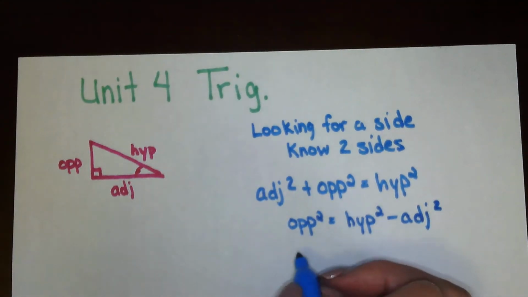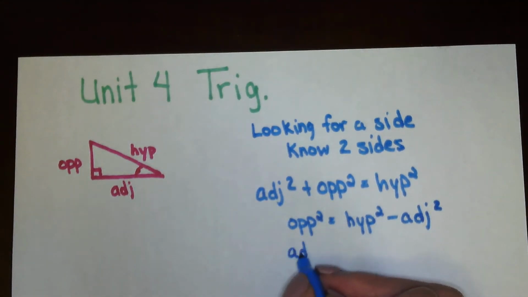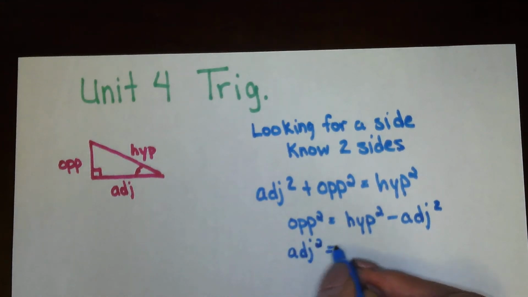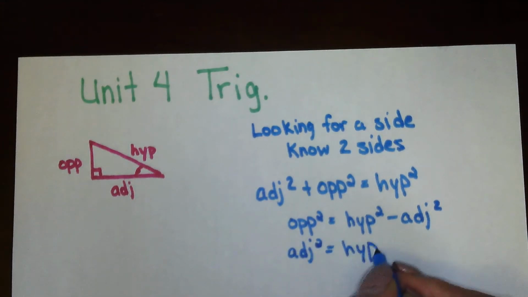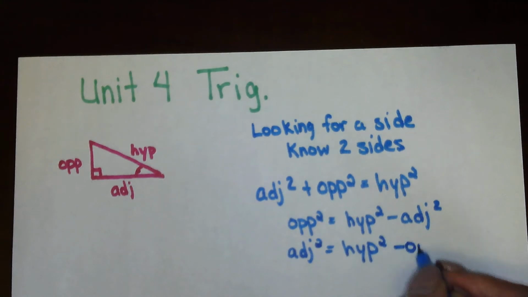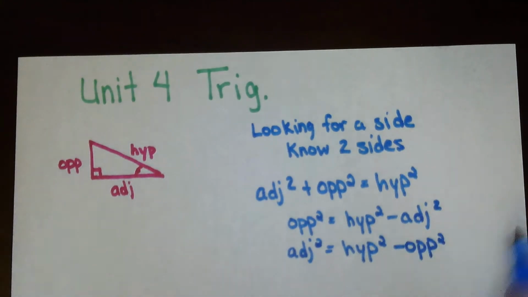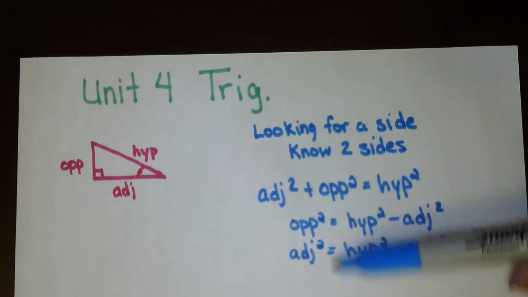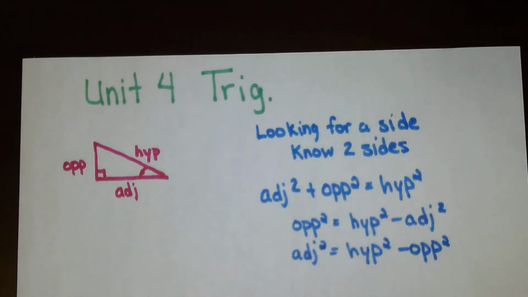Or if I'm looking for the adjacent, so it all just depends on what you're looking for. Are you looking for the hypotenuse? Are you looking for the opposite? Or are you looking for the adjacent in this case?